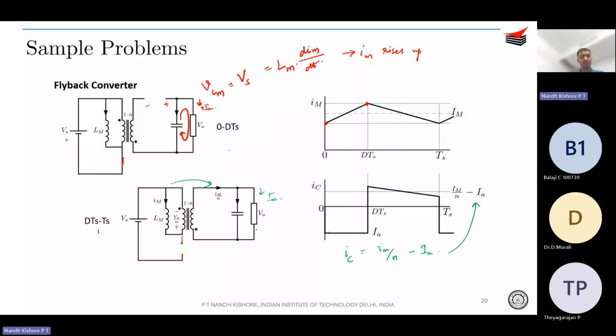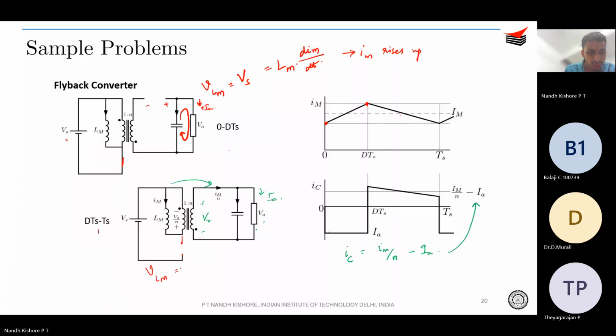During the DTs to Ts period, this is your Va, that is the output voltage. Output voltage gets reflected back to the primary side, and therefore the voltage across the magnetizing winding is going to be what?